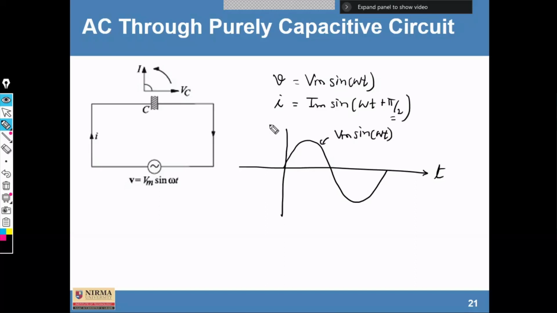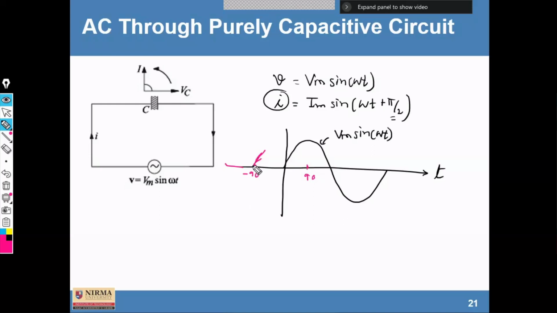Now, if you want to draw the current vector, irrespective of magnitude, equal or unequal, here this is 90 degrees, and here also minus 90 degrees. As I already told you about phase and phase difference, the leading quantities are always ahead.